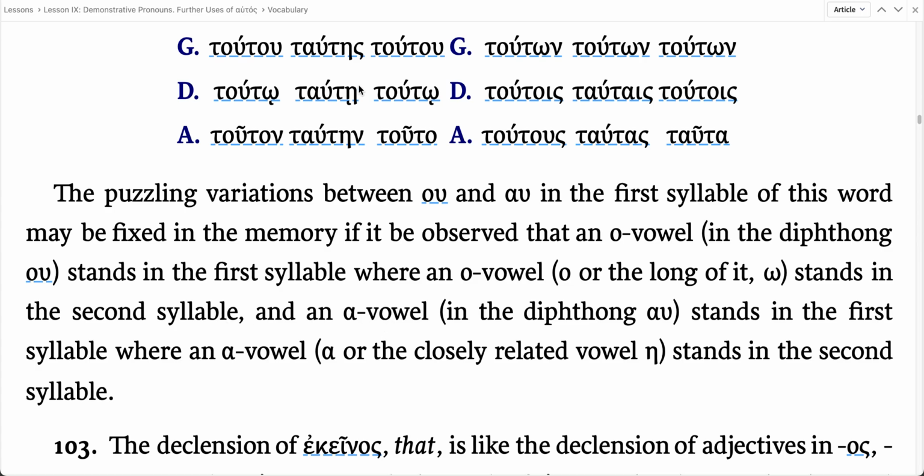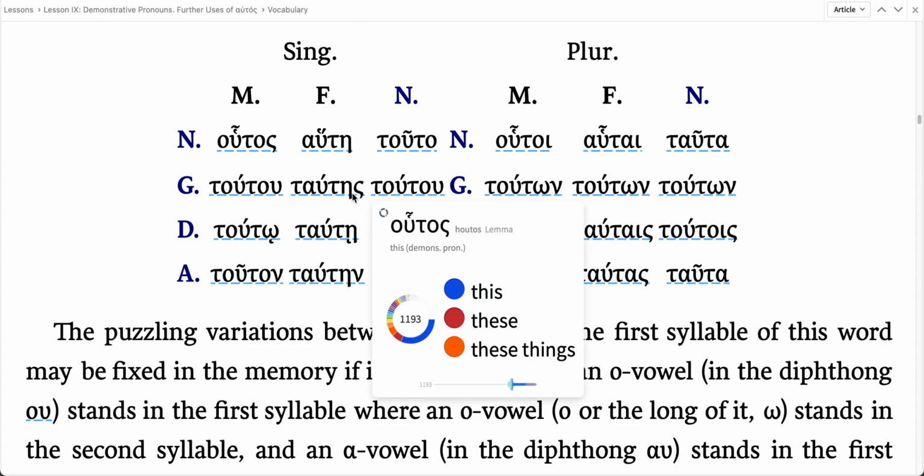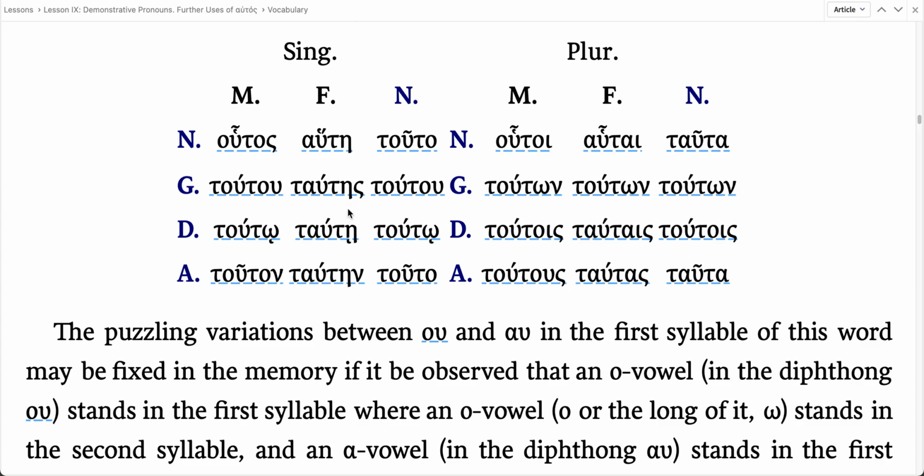In the feminine, the diphthong au stands in the first syllable where an alpha vowel, closely related to the eta, stands in the second syllable. So it's saying that if you have an o-class vowel here, you're going to have an o-class vowel here, and an alpha-class vowel here, you're going to have an alpha-class representation of that, which could be the long version. So it's trying to show you patterns or give you some ideas of how you can memorize these and understand the pattern.